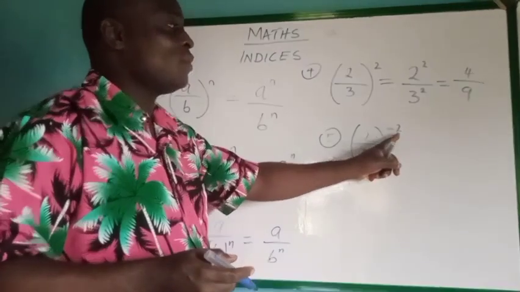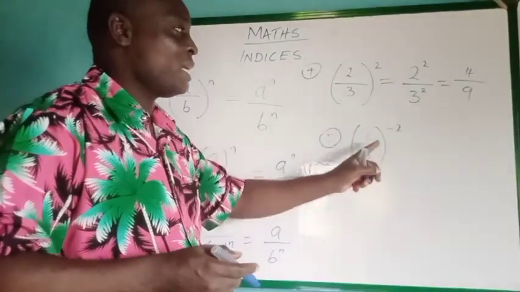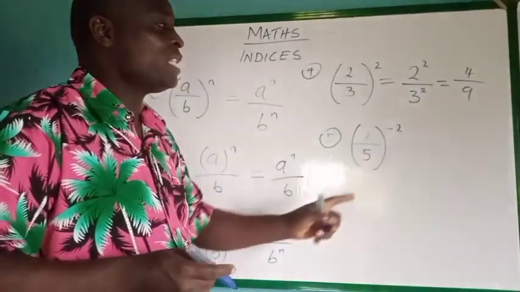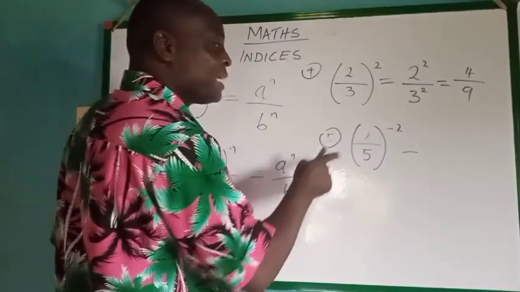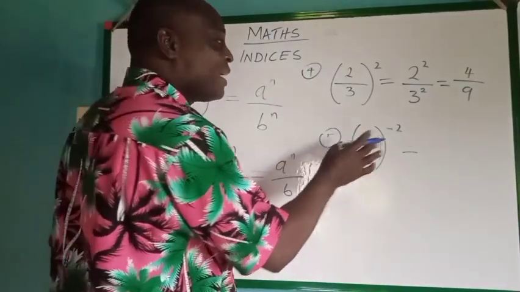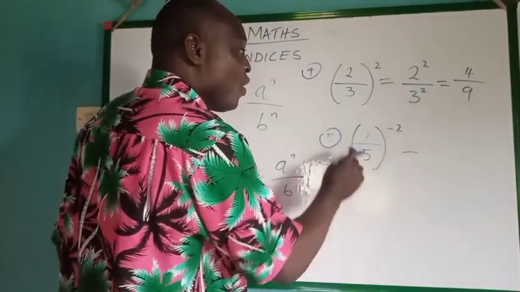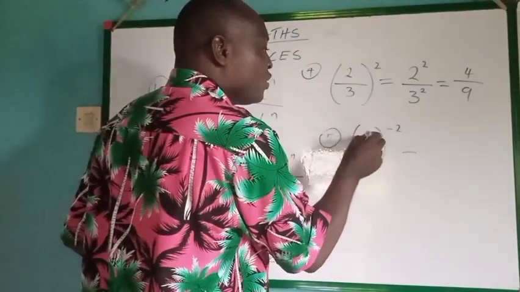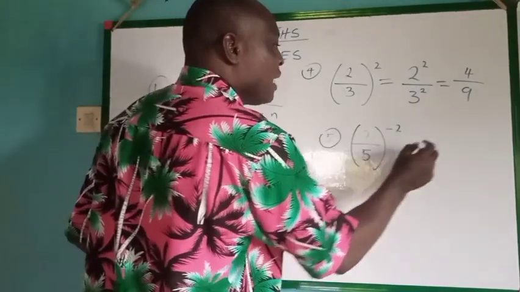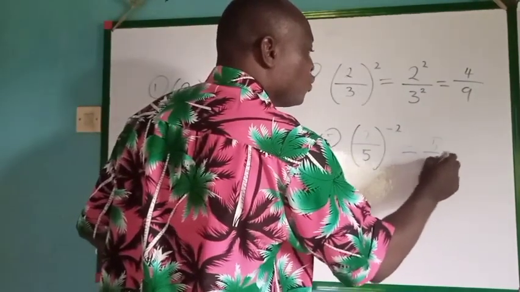You consider that it is no longer just a positive power, it is having a negative. We said the other time that when you are having a negative power like this and you are having a fraction inside a bracket, this negative power is for the fraction inside. What happens? The denominator and the numerator will exchange position, which will now make it 5 over 2.